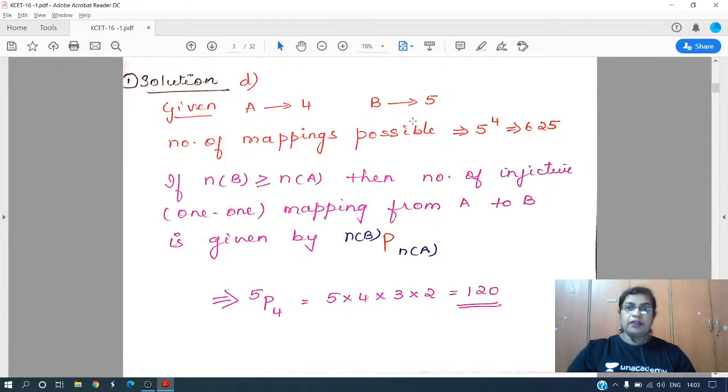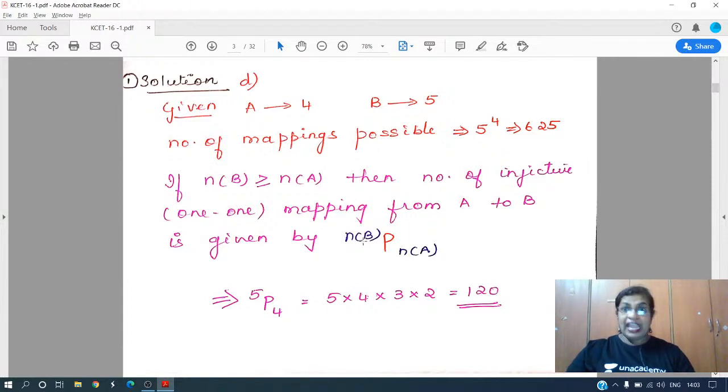It is 5 and the number of elements in the set A is 4. So we found that the number of elements in set B is more than the number of elements in the set A. So in such a case, the number of injective mappings, that is one-to-one mappings, is given by this formula.